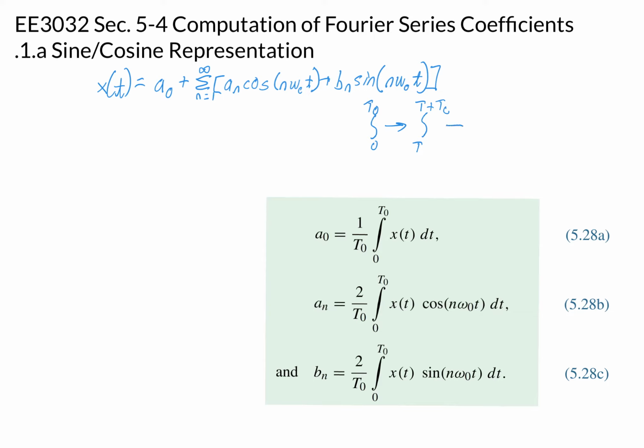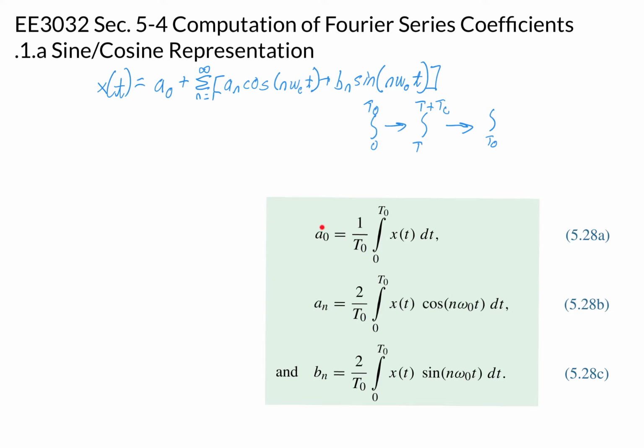Now, we often symbolize this by having the integral symbol and just putting a t0 below. That is a symbol that's commonly used to say that you can integrate over any length of time that is t0 long, and you'll get the same result. So you should choose, when you evaluate this, whichever is the most convenient. It might be 0 to t0, or it might be minus t0 halves to t0 halves. They'll all give the same results.